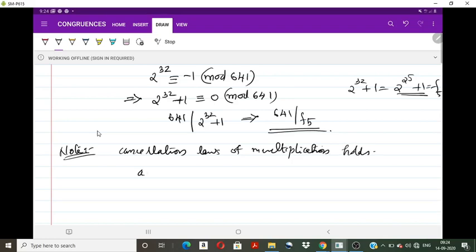That is, if AC is equal to BC, with C not equal to 0, then we can cancel that common factor C and we have A equal to B.